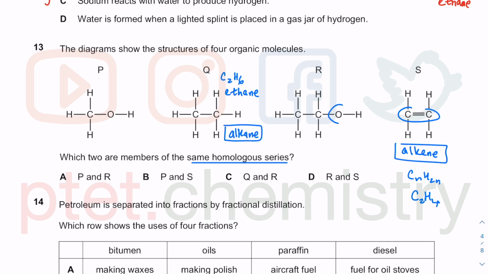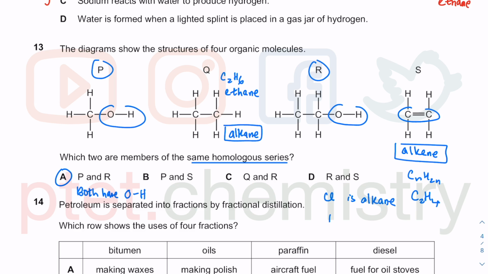We have OH there and OH there. So P and R are definitely the same homologous series because both have OH, whereas Q is alkane and S is alkene. If you pair Q and S together, they are definitely different, and none of the others have carbon-carbon double bonds, so S with any of them would be wrong.